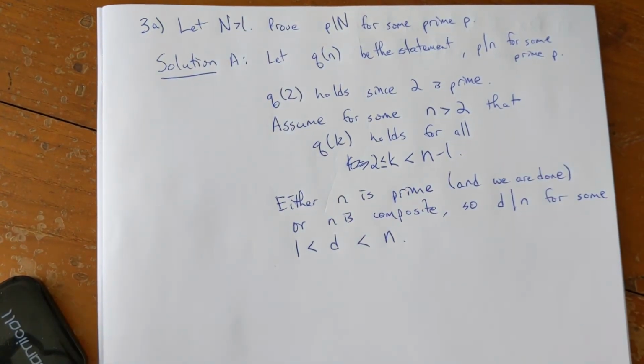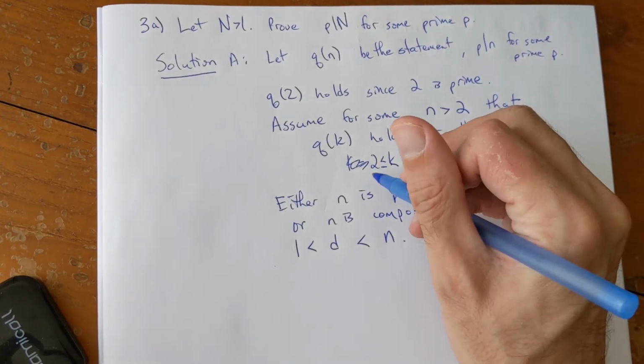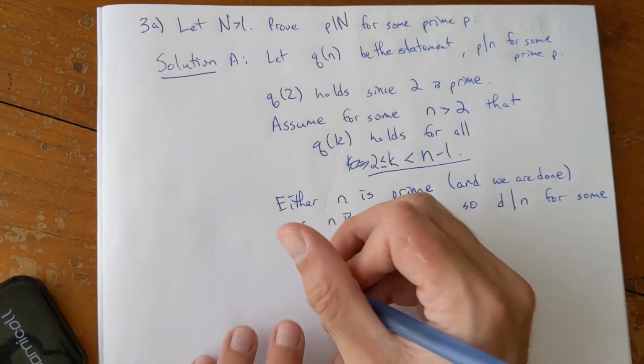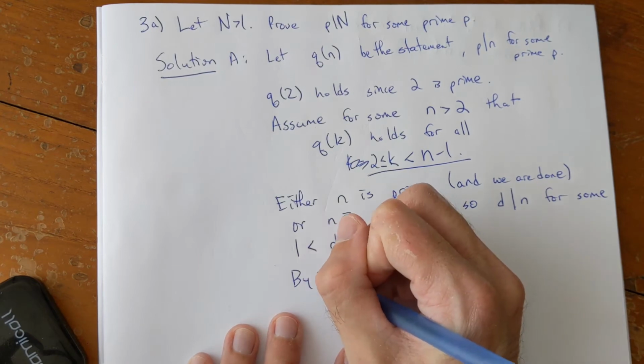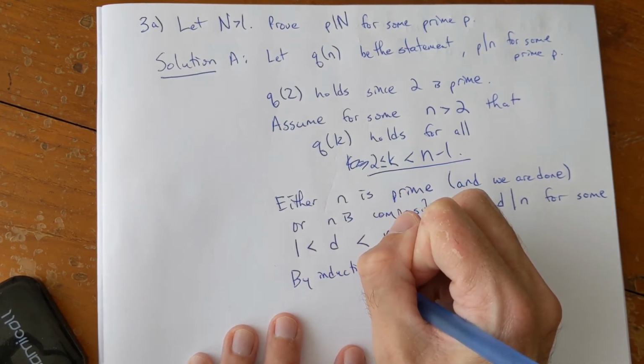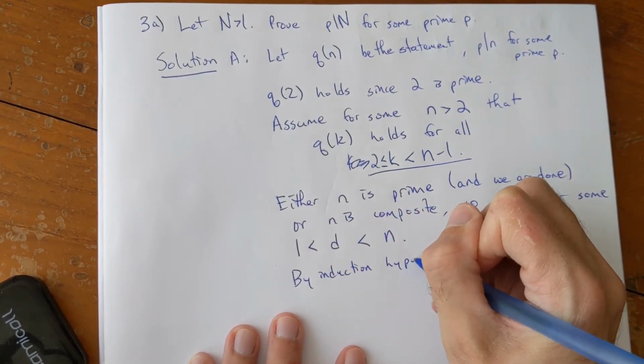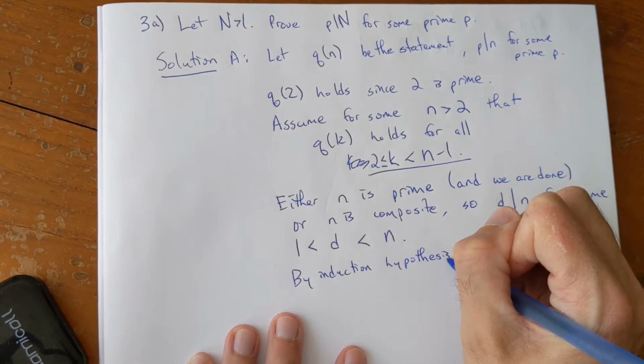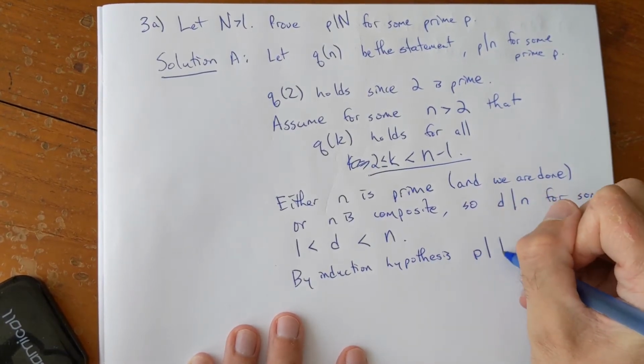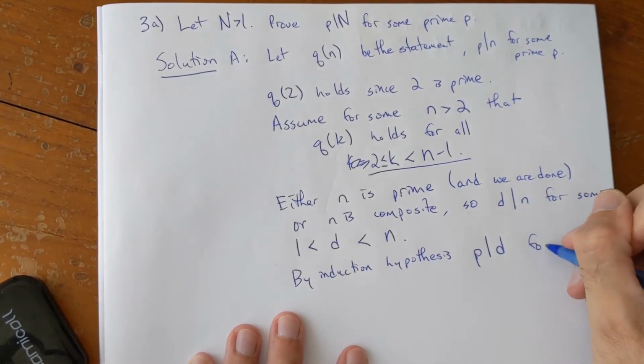But now this d is in this range, so by the induction hypothesis, p divides d for some prime p.